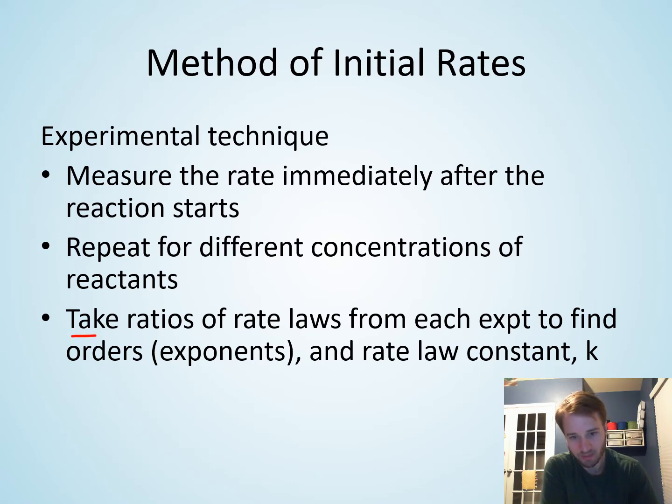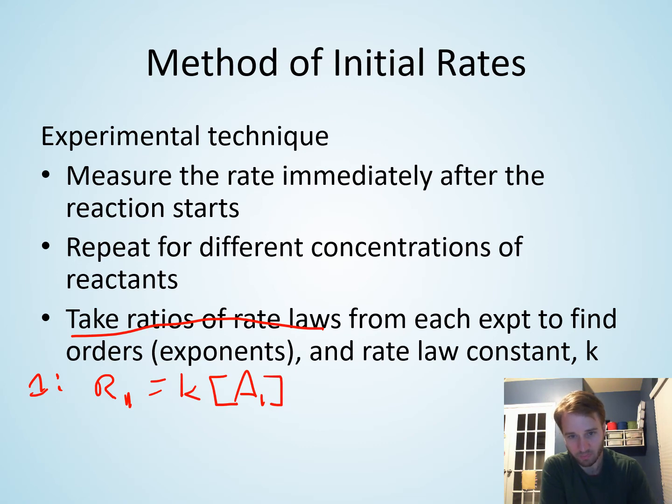You do that by taking ratios of the rate law. If I have experiment 1, which has some rate, I'll call it R1, that is going to equal some rate constant times A1 to some n power, times B1 to some m power.